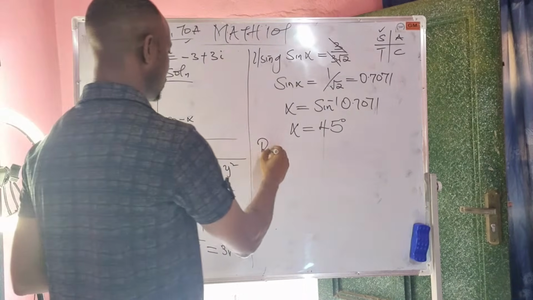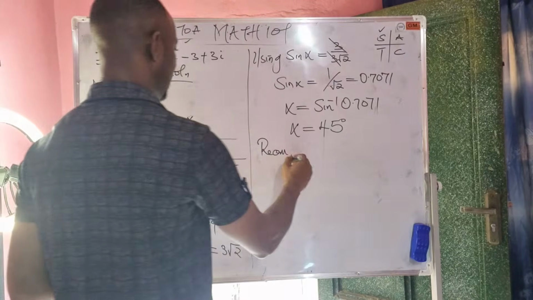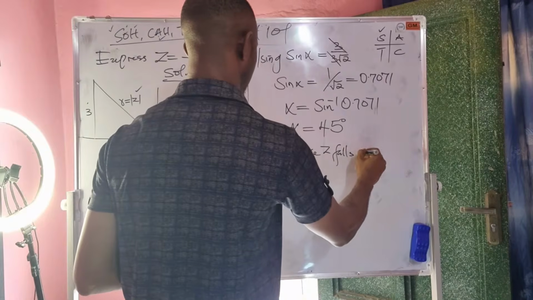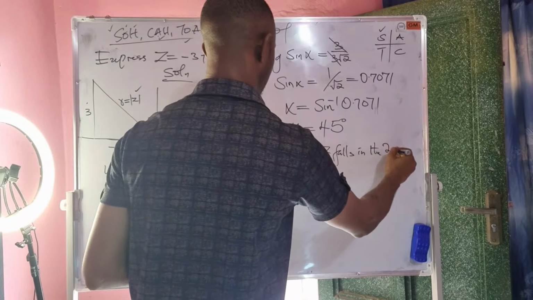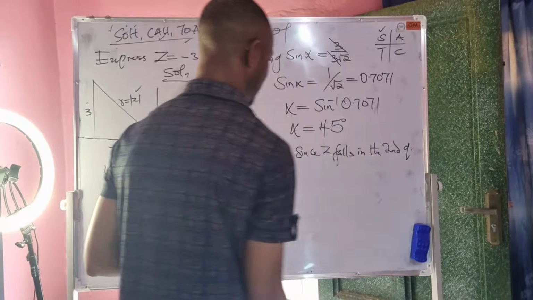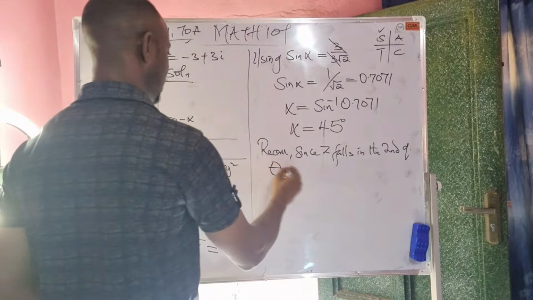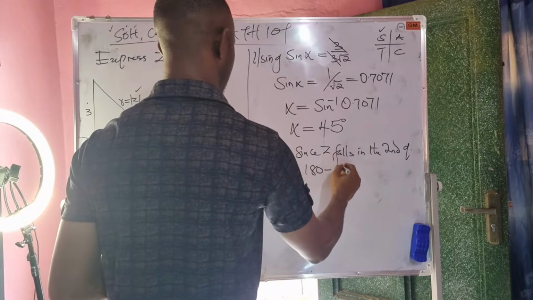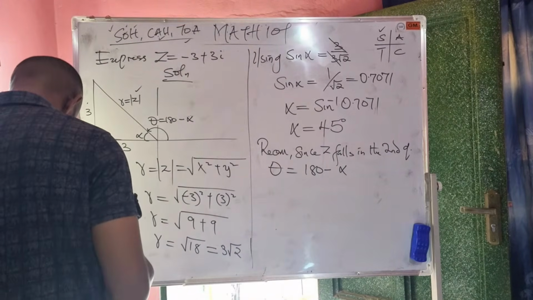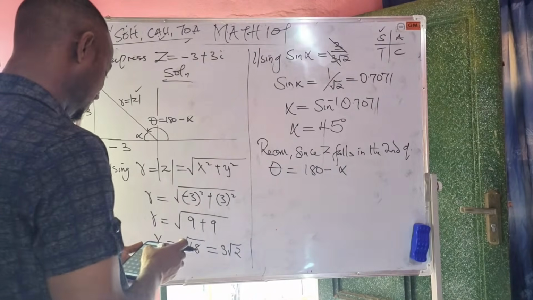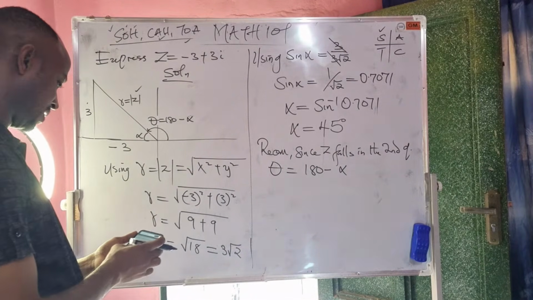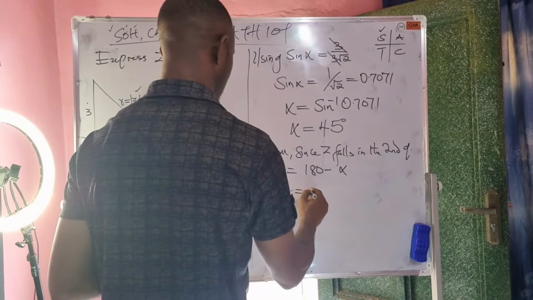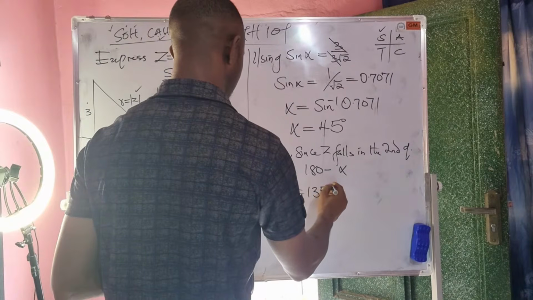But recall that since z falls in the second quadrant, theta equals 180 minus the reference angle. 180 minus the reference angle will give us about 135. So our theta becomes 135 degrees.